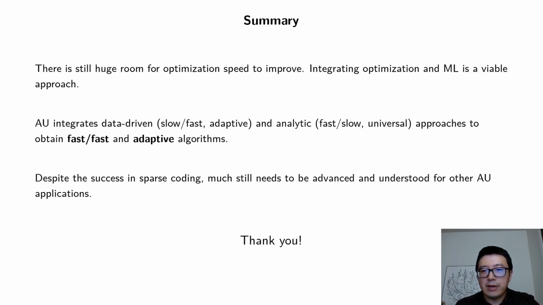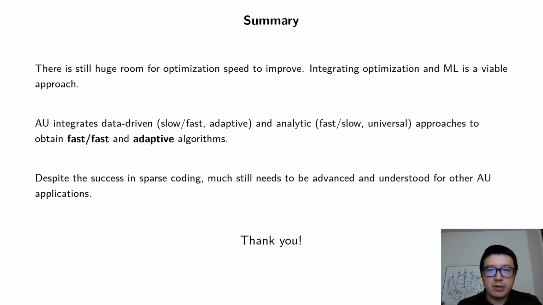To wrap up, let me summarize this talk. Hopefully I have demonstrated there's huge room for optimization to improve in terms of speed and solution quality. And one of the viable methods is to incorporate training and machine learning ideas into optimization.